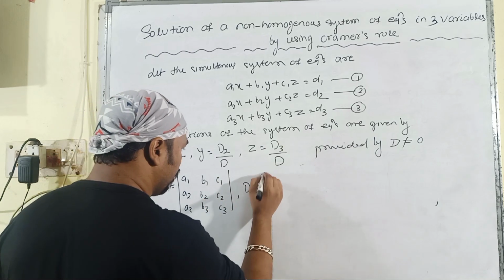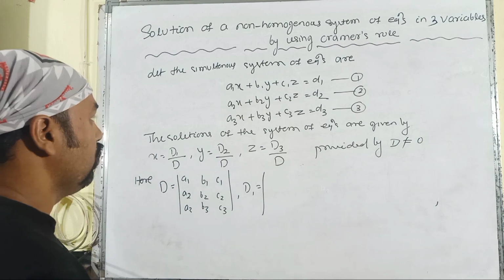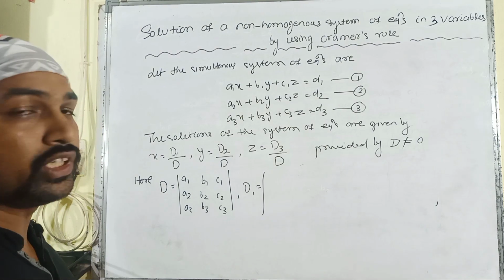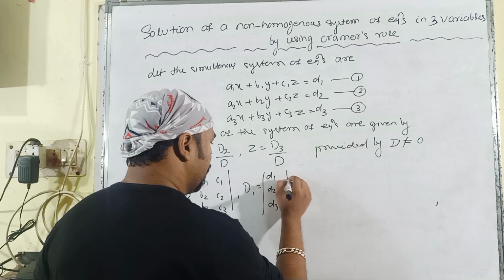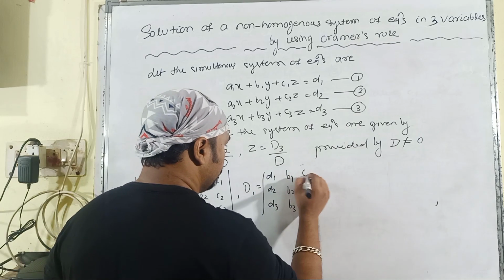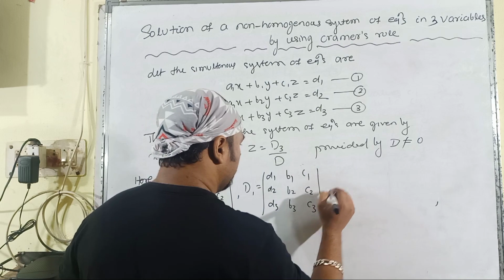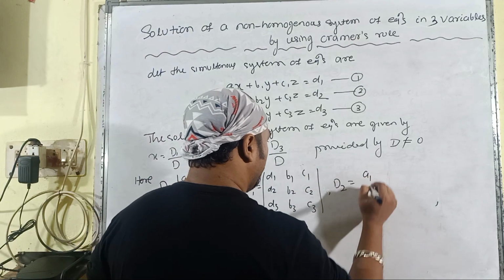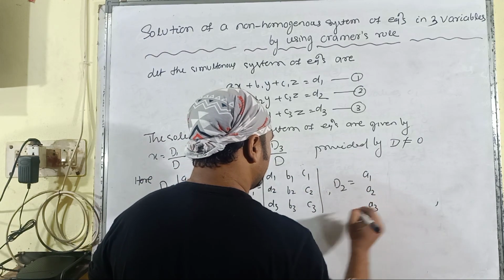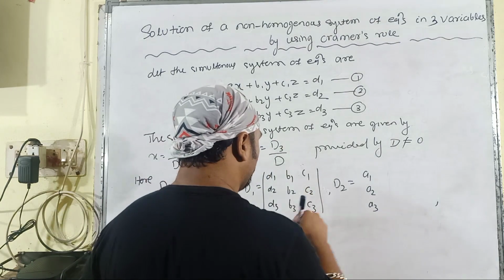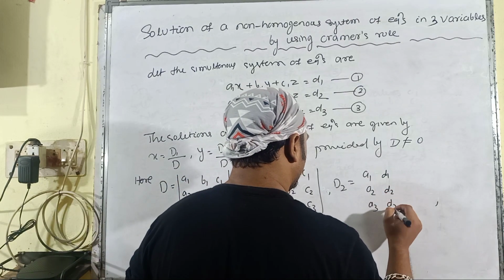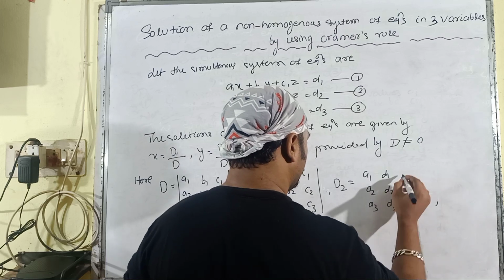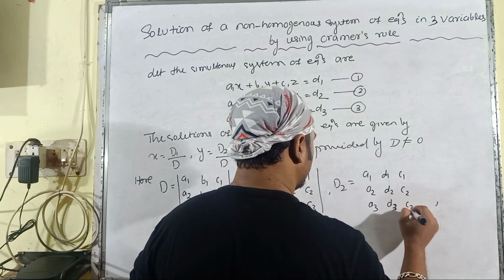Then D1 is equal to, we just have to replace the coefficients of the x variable with the constants. So here it will be d1, d2, d3, then b1, b2, b3, c1, c2, c3. Then D2 will be a1, a2, a3, the unchanged terms, and then we replace the coefficients of the y variable with the constants. So here d1, d2, d3 are placed, then c1, c2, c3.